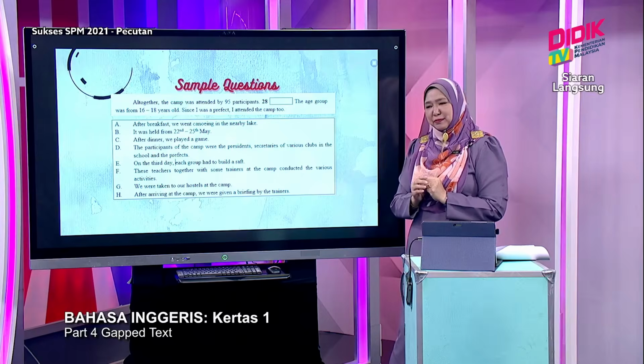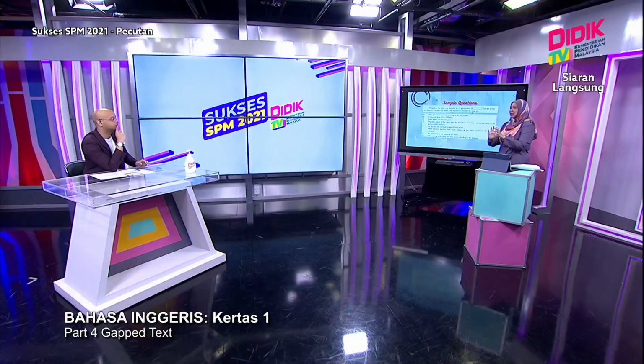Now, let's say we have some difficulty determining the correct answer, because like you mentioned, in the eight options there are two distractors. What skills do we need to really identify the correct answer when choosing a sentence for that particular blank? That's what I said just now, we have to look for the clue.